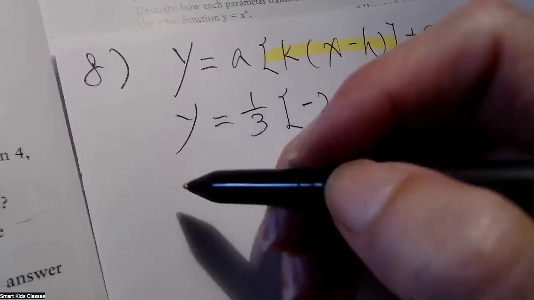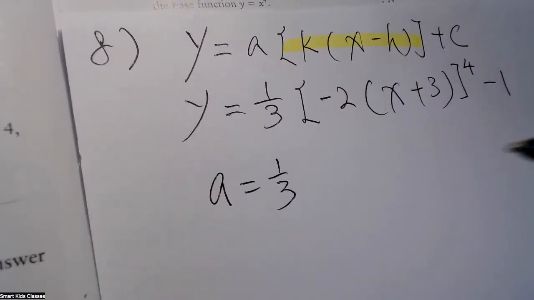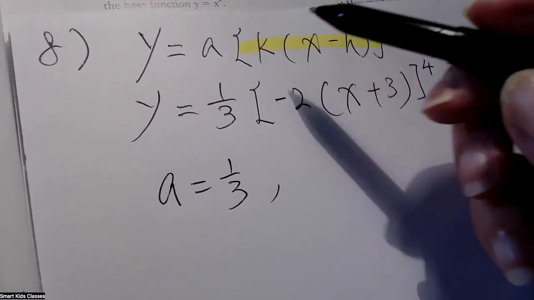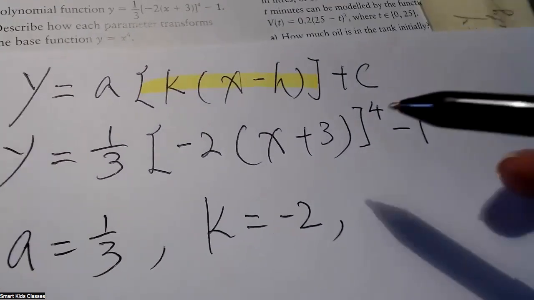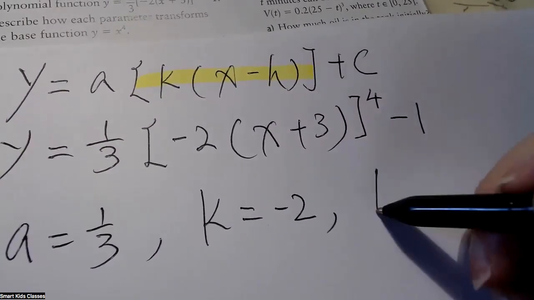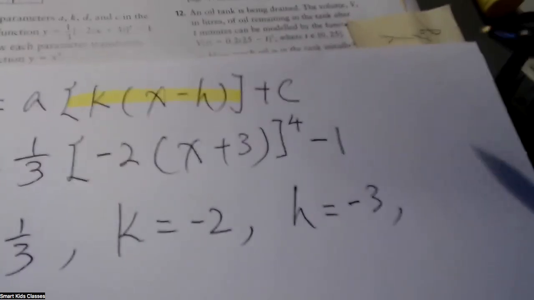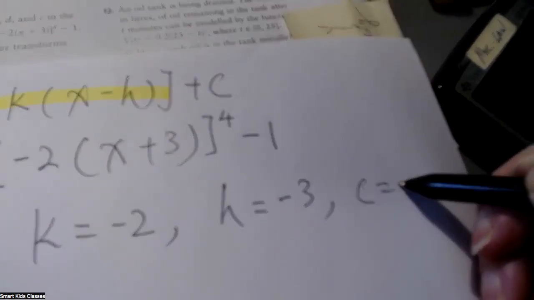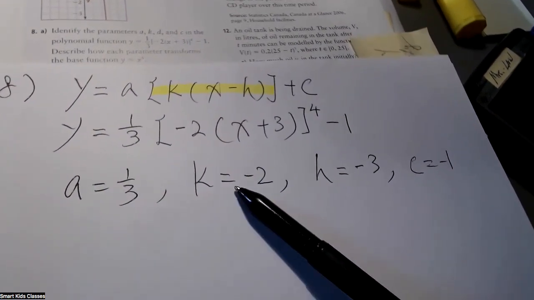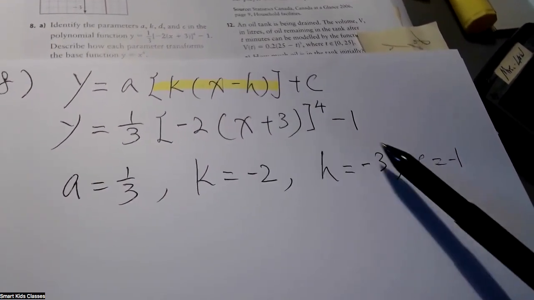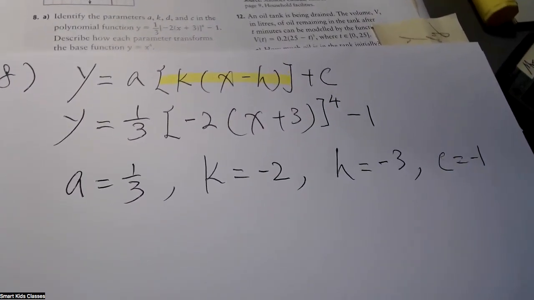For A, we write A equal 1/3. K equal -2. H equal -3. And C equal -1. So that's A, K, H, and C for y equal x exponent 4.